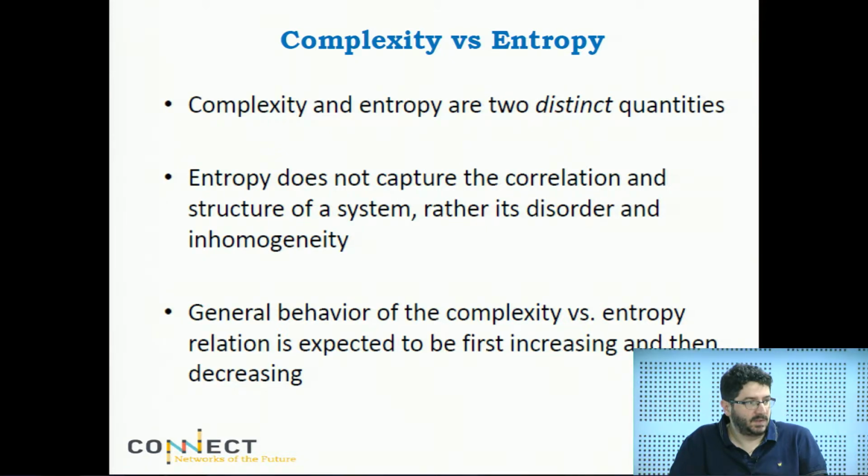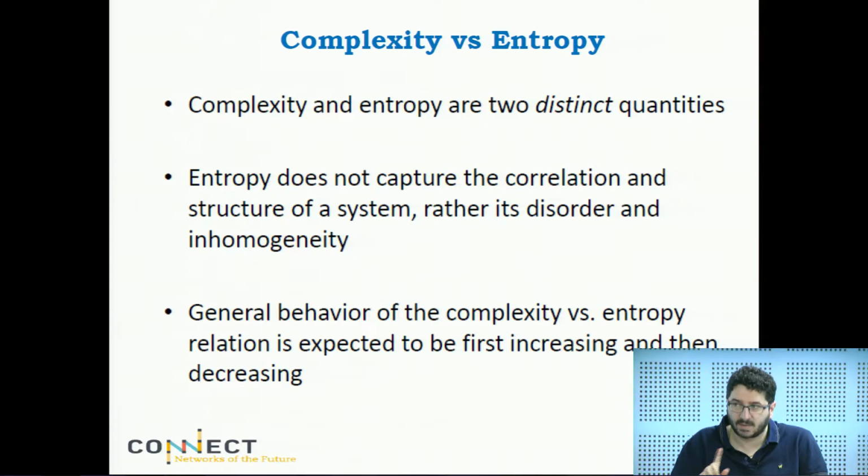So, in general, that's where I start talking a bit more formally. Complexity and entropy have something to do with each other, but they are two different things, at least in the field of complex systems. Entropy does not capture things like correlation or structure, which essentially have something to do with complexity. You can't neglect that if you want to talk about complexity, right?